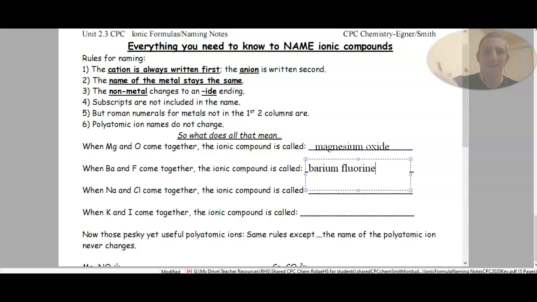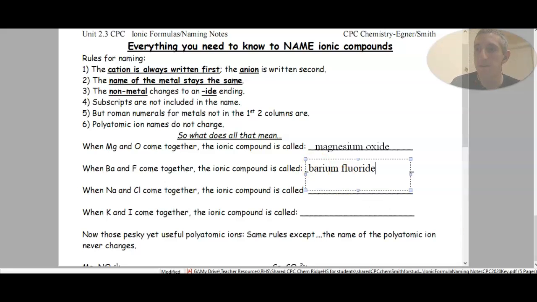This way, it's not just a list of elements: barium, fluorine, oxygen, nitrogen. We're not trying to list elements, we're trying to make a concise ionic compound. So instead of barium fluorine, it's barium fluoride, IDE. And that's it. That's barium fluoride.